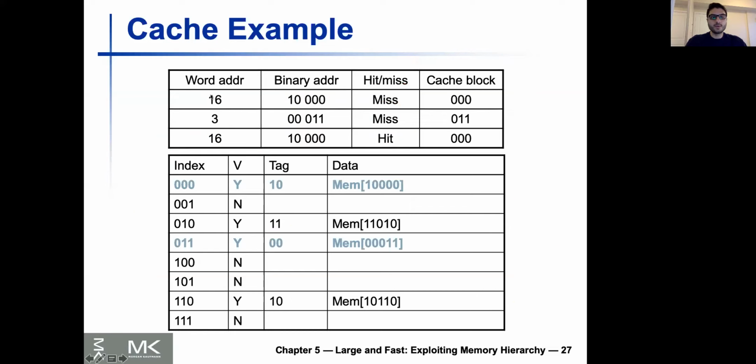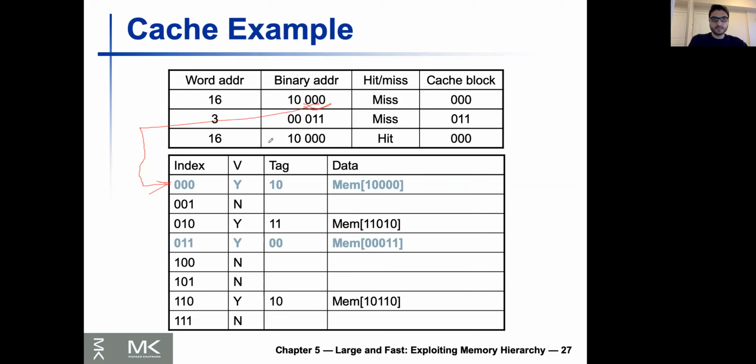So now this comes, 10000. So 000 shows the first block. I was hoping to find a tag 10. Nothing was there. The validity was null. It was not valid.